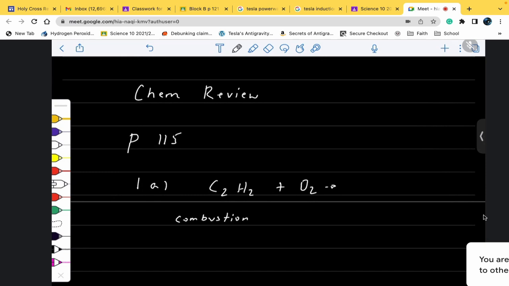Now, listen, this is the reason why. You have here what is called a hydrocarbon. A hydrocarbon is simply made up of hydrogen and carbon. Alternatively, you could have something that looks like this.